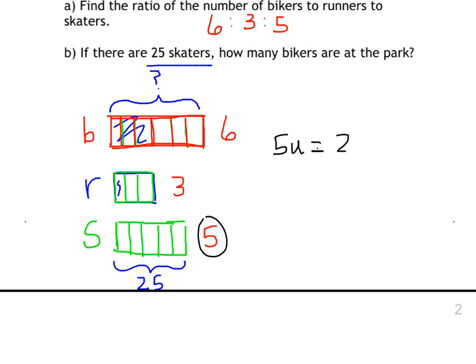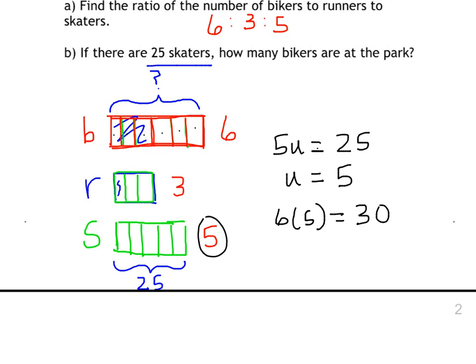are equal to 25 actual skaters, then if I divide both sides by 5, or think about breaking it down, 1 unit must be 5 actual skaters. And since 1 unit is equal to 5, and my modified ratio bar for the bikers has 6 of the same size unit, then I'm going to take 6 times 5 to get 30.